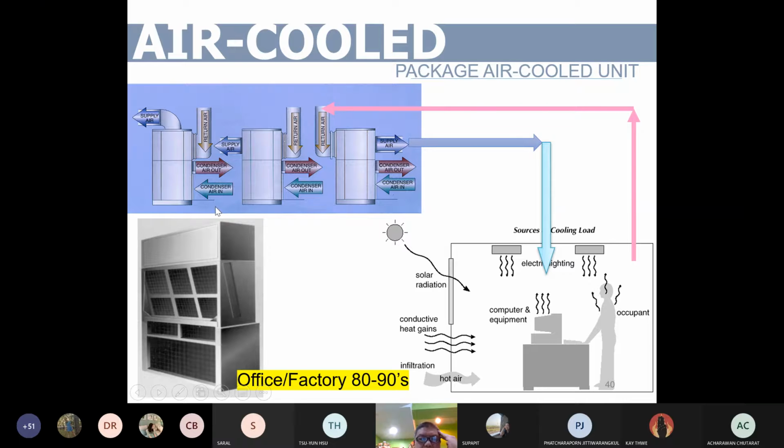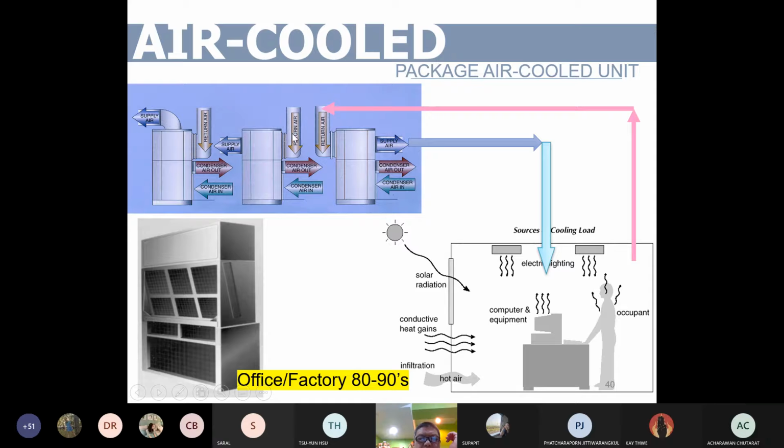So they have to use the air outside to cool down the condensing unit, with condenser air in and condenser air out to remove the heat from the condensing unit down there. And from the upper part, they use the return air from the room, and they have supply air to the room.